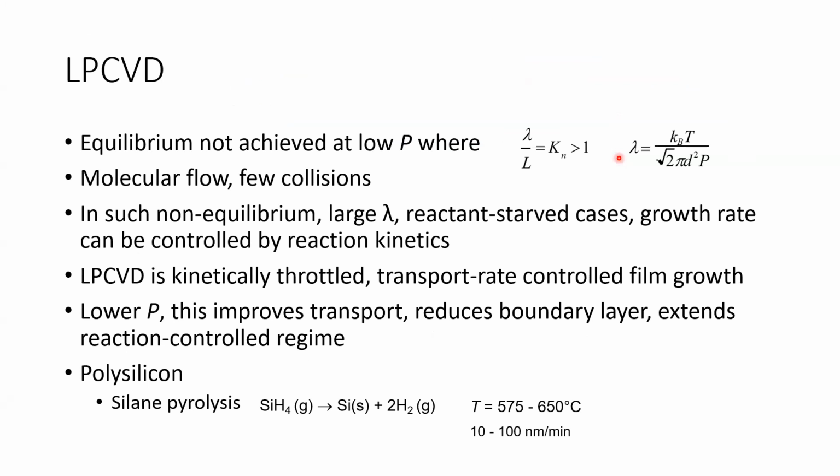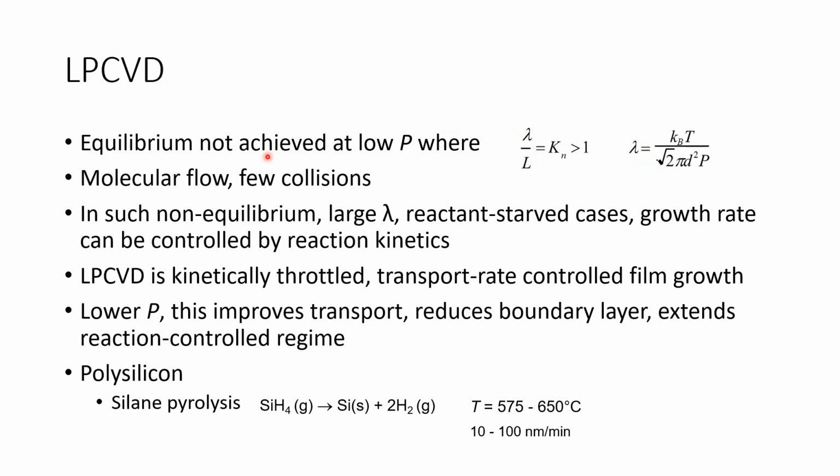So we say the pressure is low, and we know the mean free path, lambda, is high. And then equilibrium cannot be achieved.